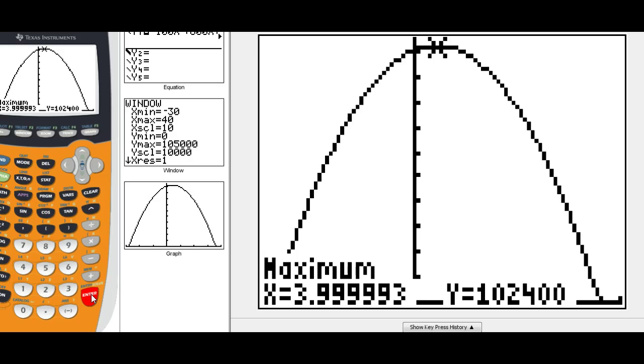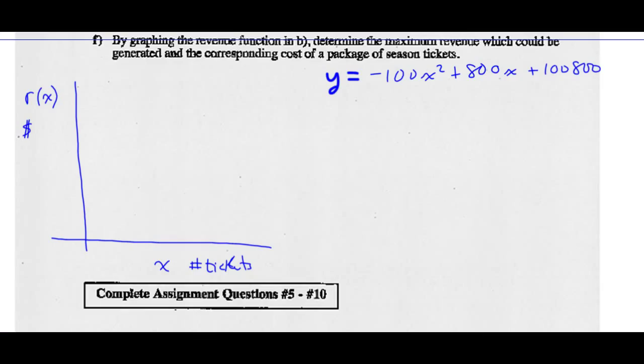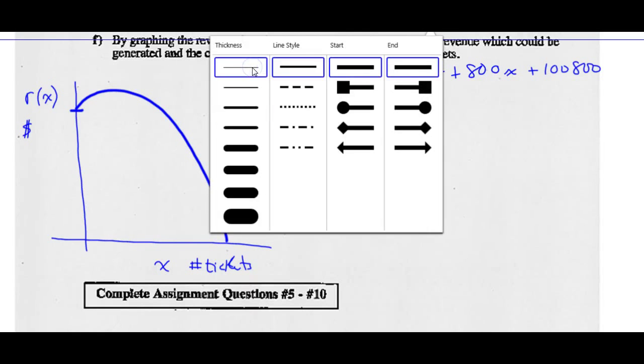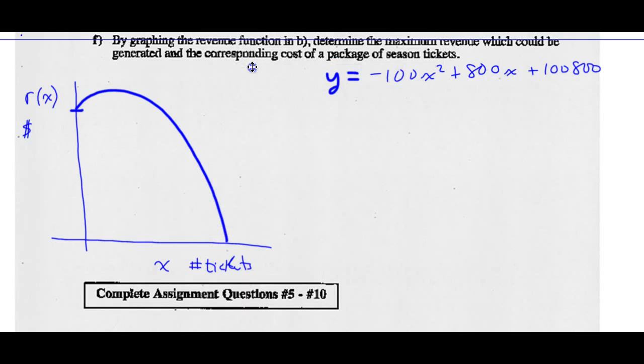All right. So let's draw this back in our notes. So right around here we get this curve. All right. And this point right here, that y-intercept is 100,800.